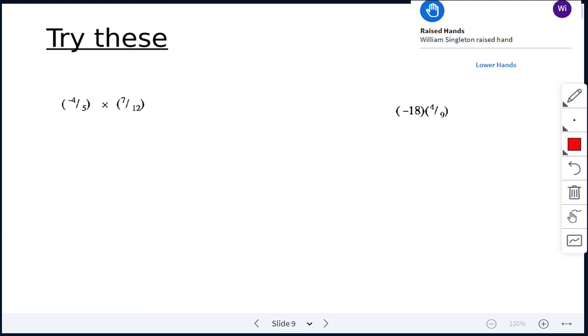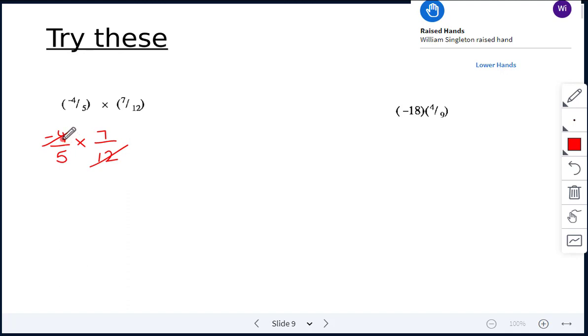All right, so we have two examples for our students to try. So we have negative 4 over 5 times 7 over 12. So to reduce this, I can reduce diagonally the 4 and 12. So I'm just going to cross those off.